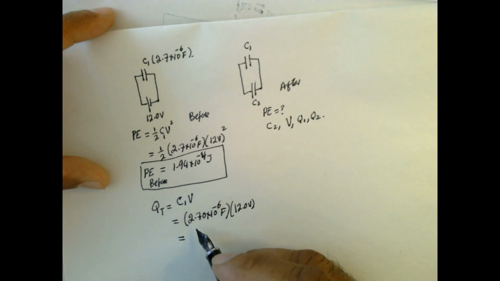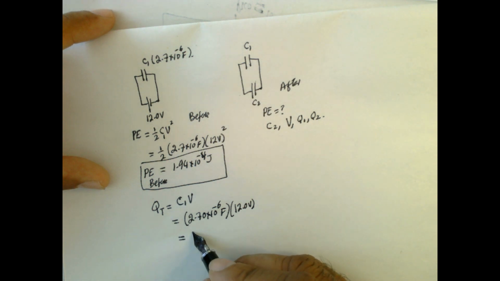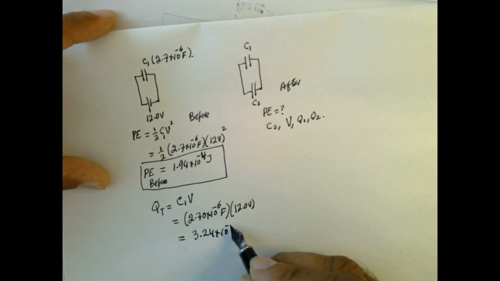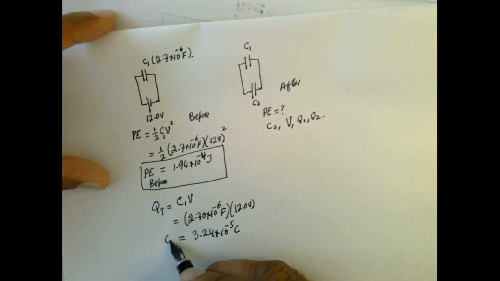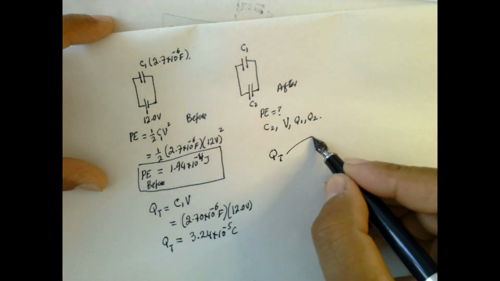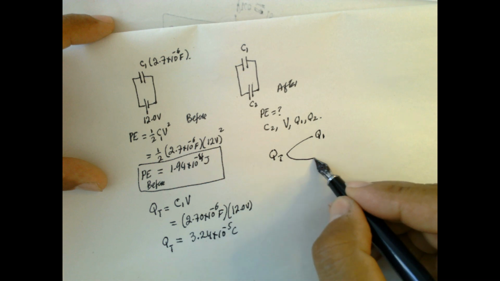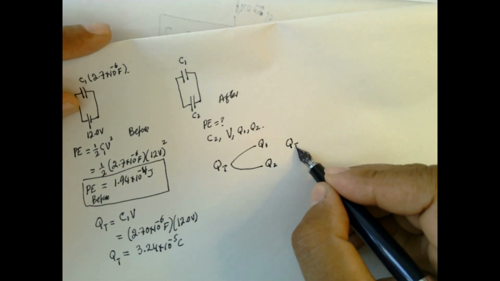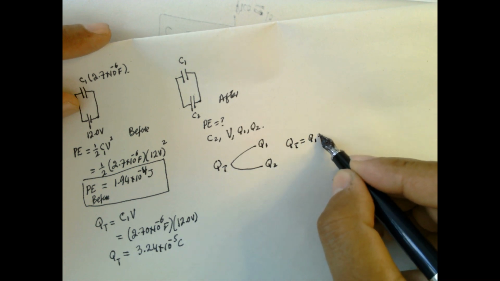So this will give us the value 3.24 times 10 power minus 5 coulomb, which is equal to Q total. So the Q total will split into two, such that the Q total is equal to Q1 plus Q2.